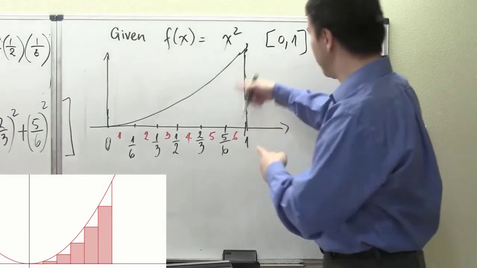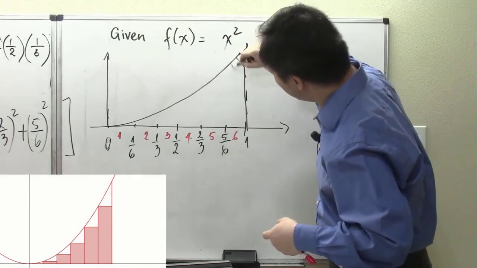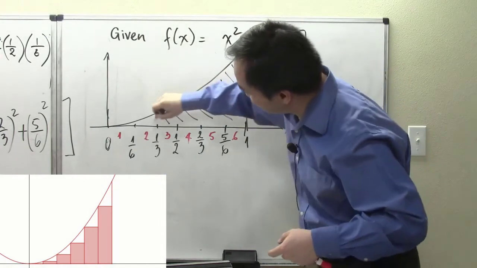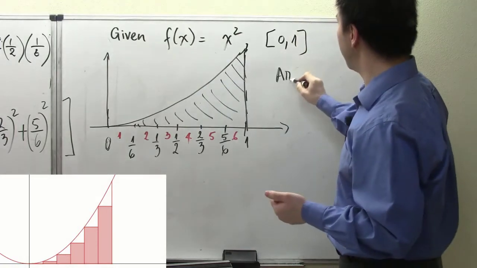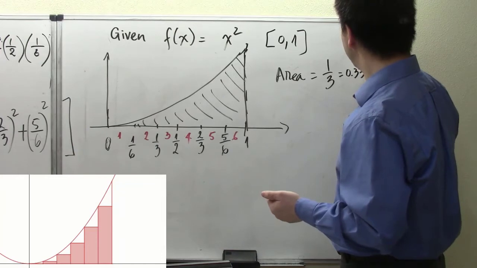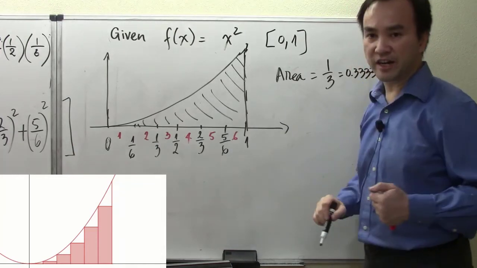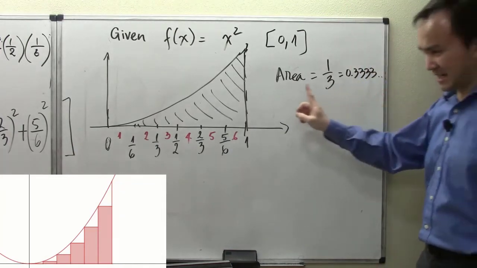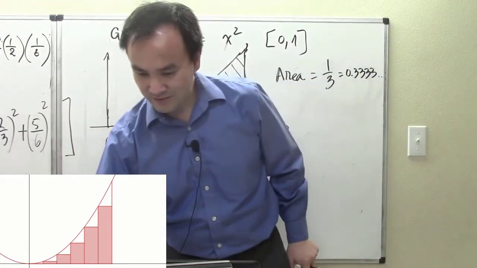The area that we're sketching here, that we're tentatively getting as the aim, as I mentioned earlier, is 1/3, 0.3333 in decimal, if anyone prefers writing it that way. But at least we came closer.